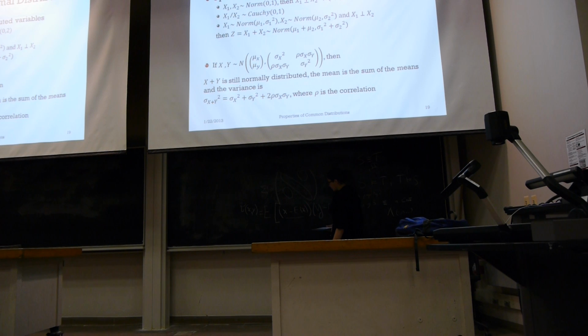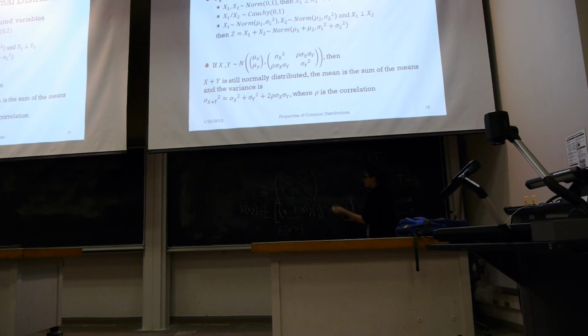It's kind of hard to give an intuition for this, but basically this is how it's defined. For variables centered at 0, variables with mean 0, it's the expected value of the product of the variables.